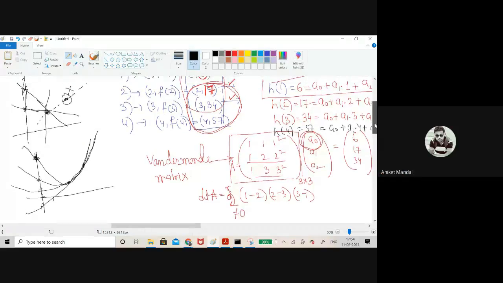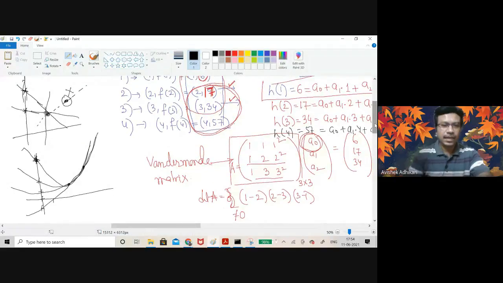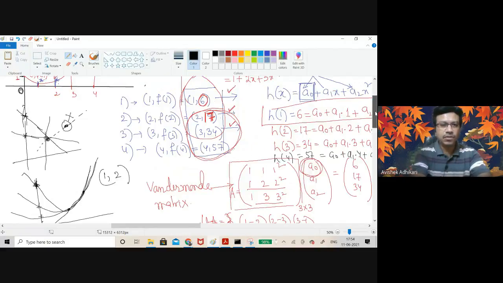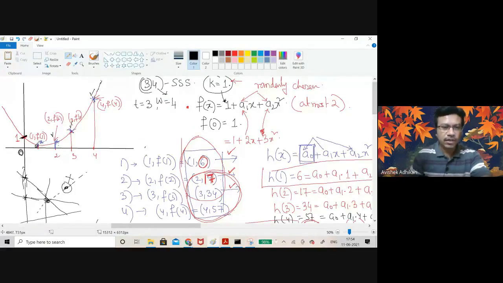Sir, what happened in this picture? In that case, suppose two, say first participant and second participant, they come. So they have only these 2 points, this point and this point. Now they are going to draw a curve, but they will not be able to determine the curve uniquely, right?